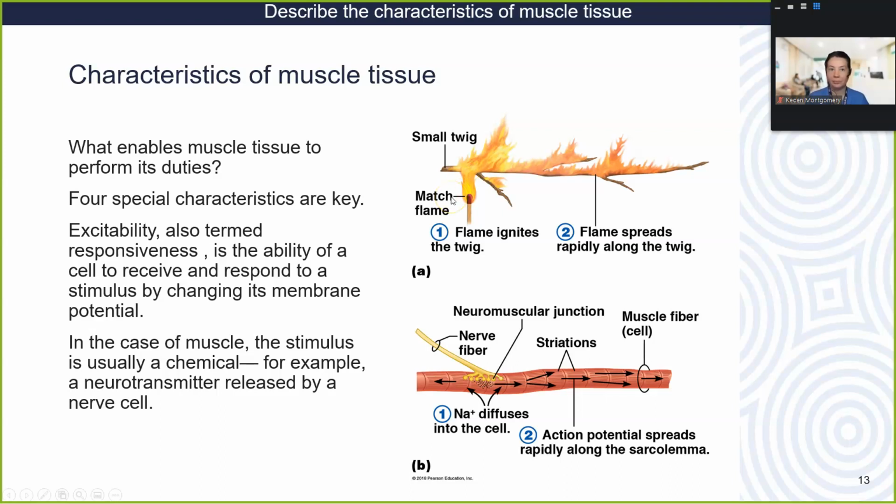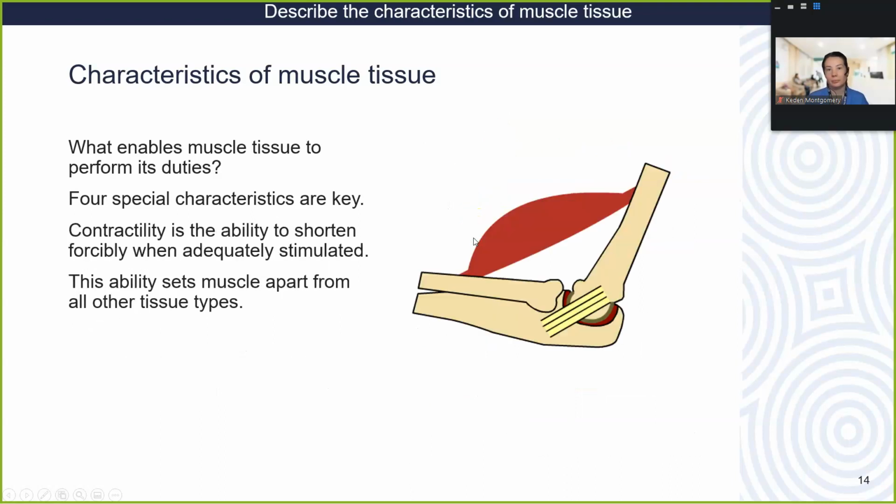An action potential is a signal that goes all the way along the muscle tissue, much like when you ignite a twig. You put the fire here and the fire travels all the way down. We're going to look at that later when we do muscle contraction.